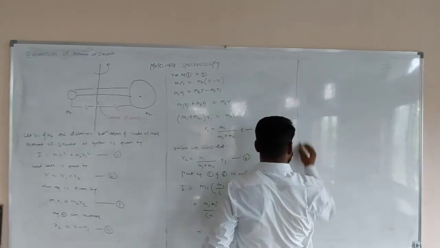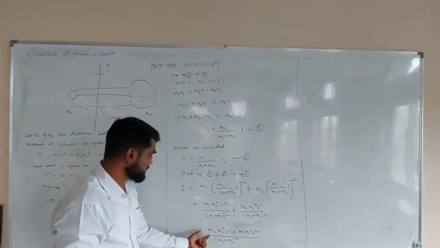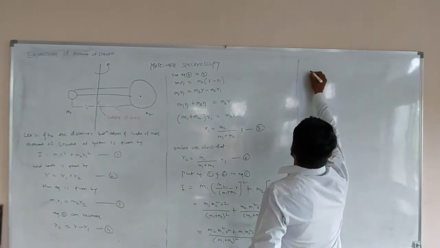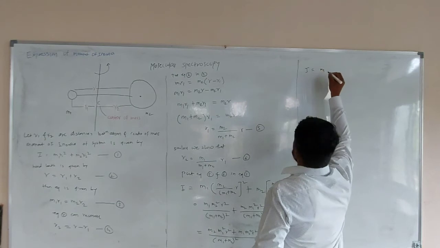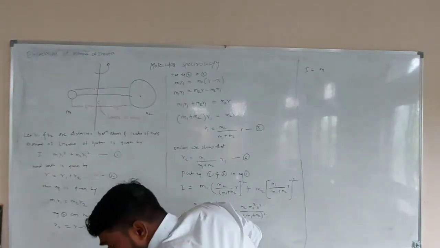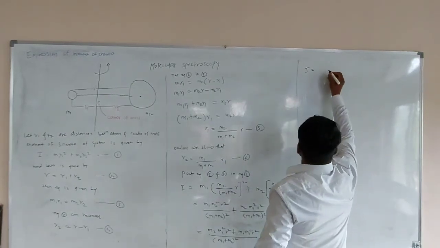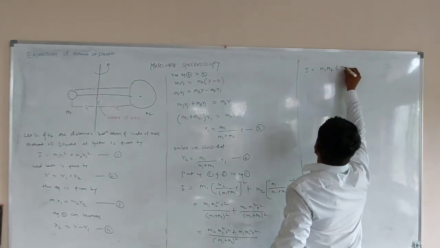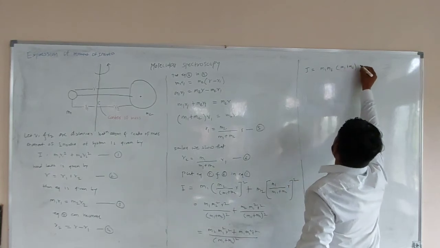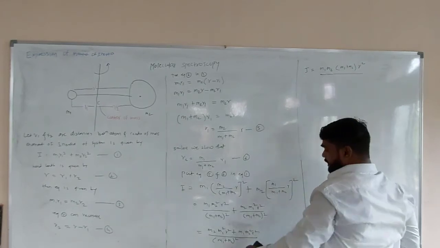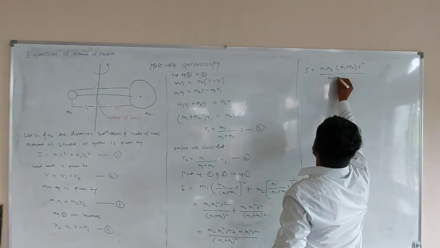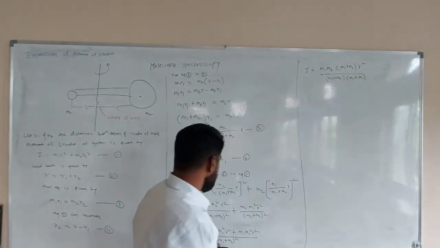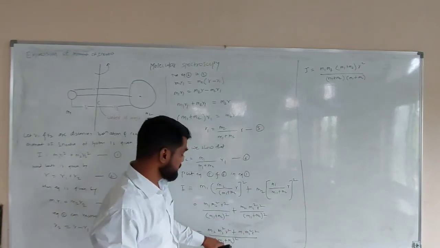Next, separate the common term, that is I is equal to m1 m2 inside the bracket (m1 plus m2) outside the bracket, R square divided by (m1 plus m2) square, which means two terms, (m1 plus m2) and (m1 plus m2).